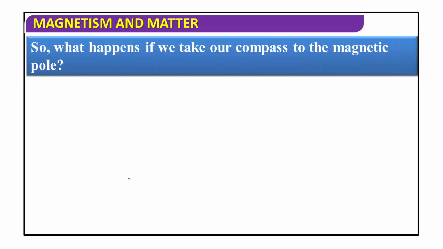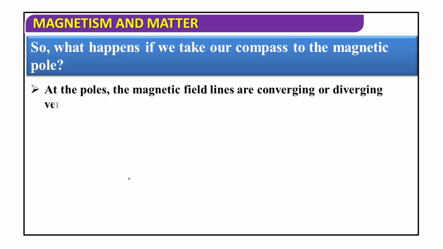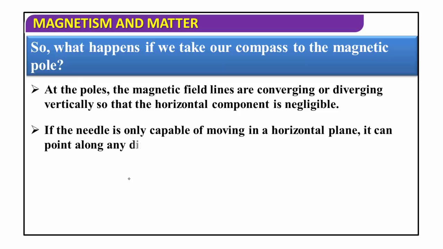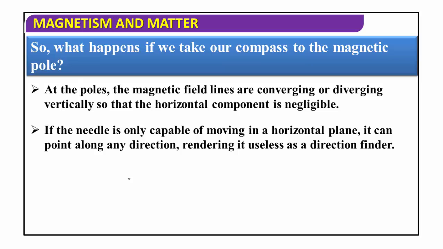So, what happens if we take our compass to the magnetic pole? At the poles, magnetic field lines are converging or diverging vertically so that the horizontal component is negligible. If the needle is only capable of moving in a horizontal plane, it can point along any direction, rendering it useless as a direction finder.